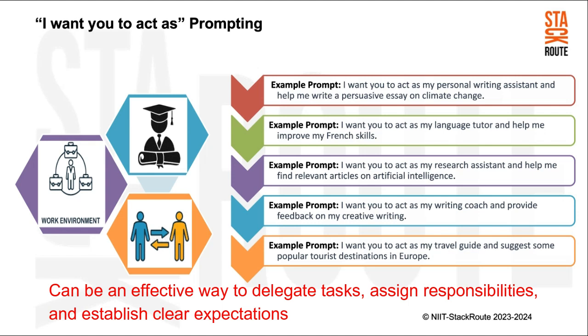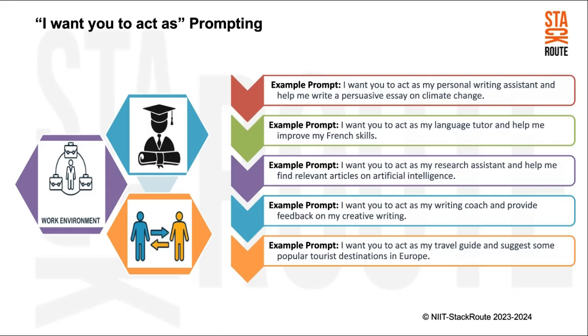Using this type of prompt can be a very effective way to delegate tasks, assign responsibilities, and establish clear expectations in various contexts. So here this slide shows various examples of I want you to act as prompting. We have examples like I want you to act as my personal writing assistant and help me write a persuasive essay on climate change. The next one is I want you to act as my language tutor and help me improve my French skills.